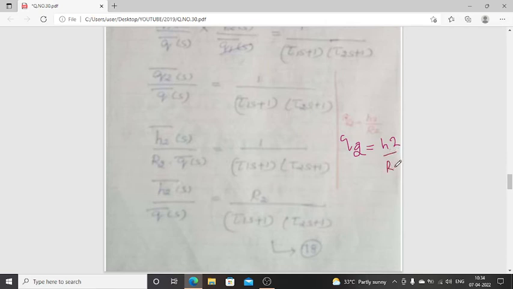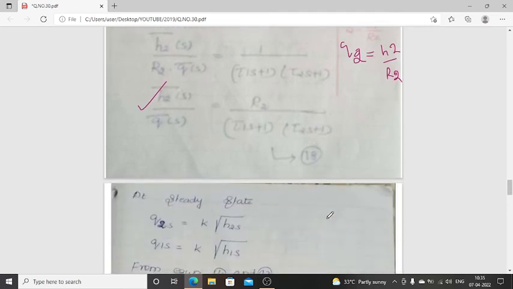So replace Q2 bar: H2 bar of S divided by R2, over Q bar of S, is equal to 1 by (tau 1 S plus 1) into (tau 2 S plus 1). From this, H2 bar of S divided by Q bar of S is equal to R2 by (tau 1 S plus 1) into (tau 2 S plus 1). So this is the 18th expression.